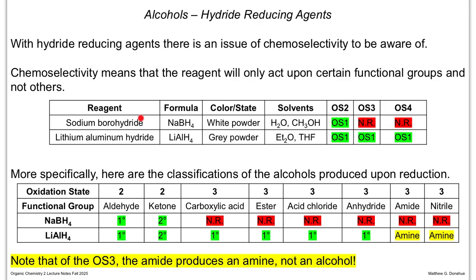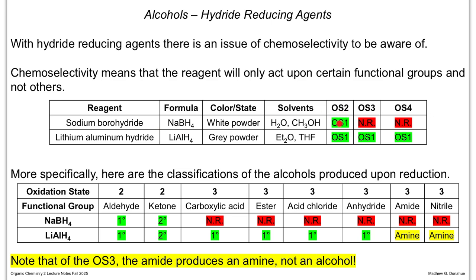So from the reagent, I have our oxidation states. And then we're going to use this stoplight system. So green means it will react. Red means it will not react. So what is sodium borohydride telling us?